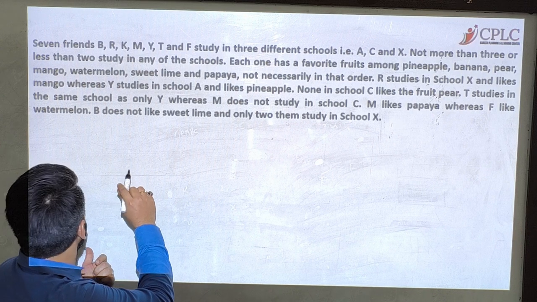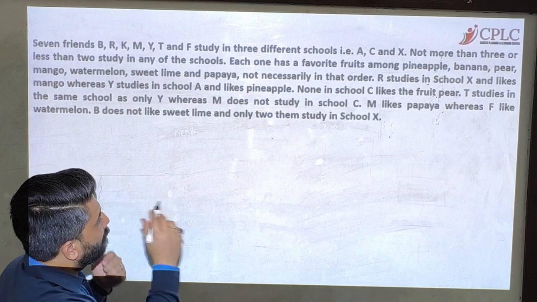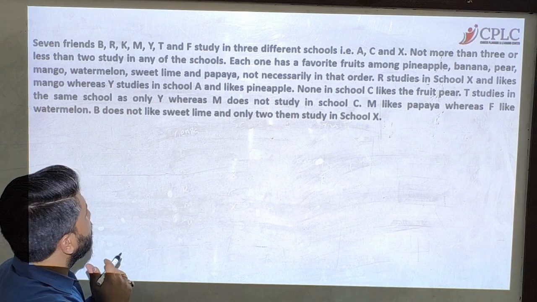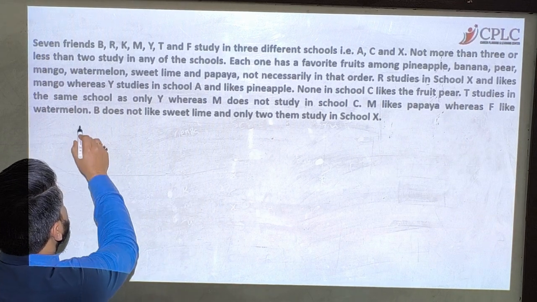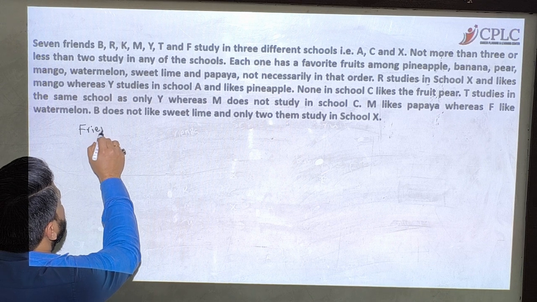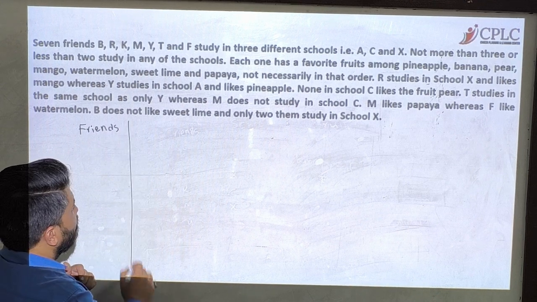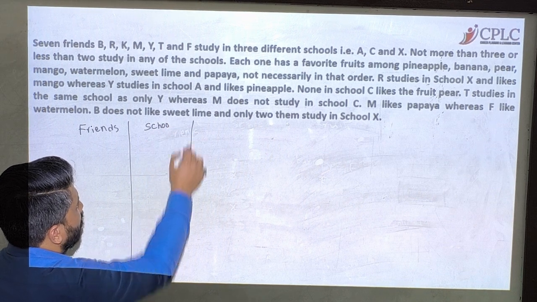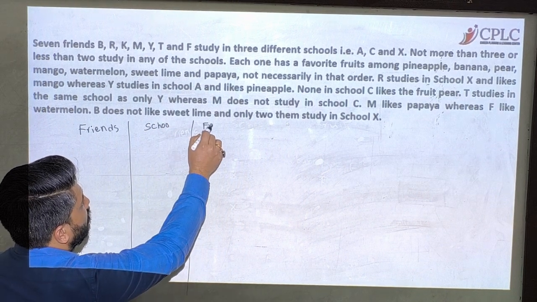So what we can do is create a tabular kind of structure wherein we can represent all of this information. So obviously we can make 3 columns: one column for friends, one for school, and then one for fruit.